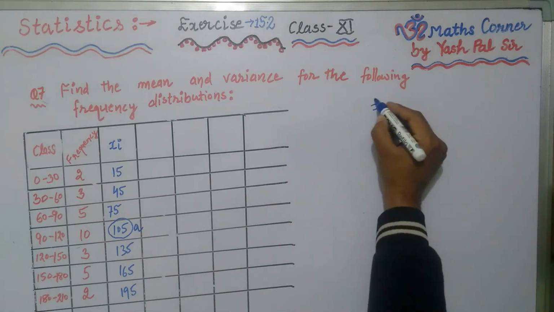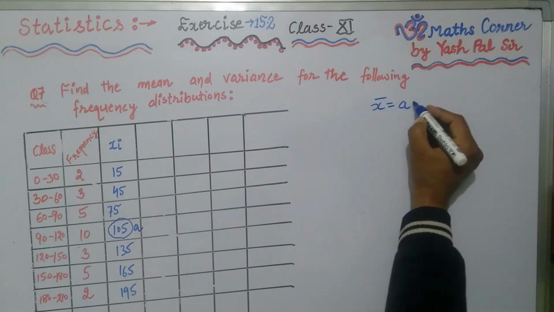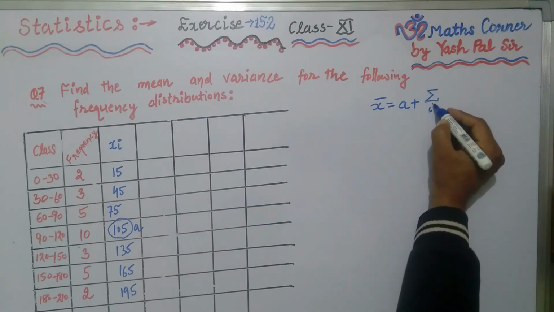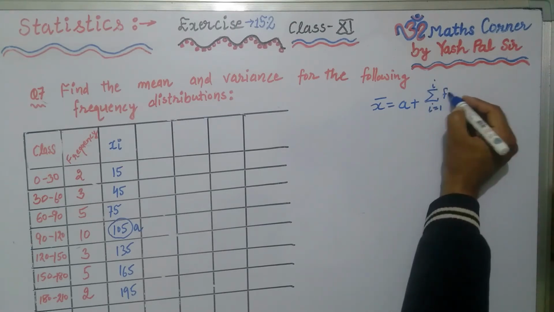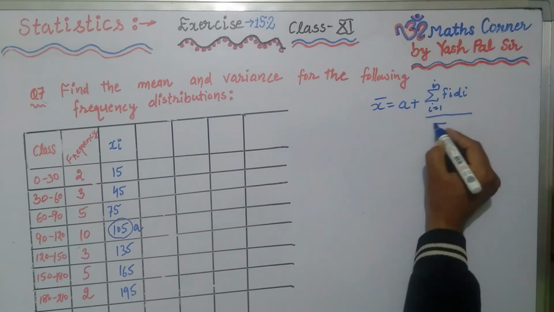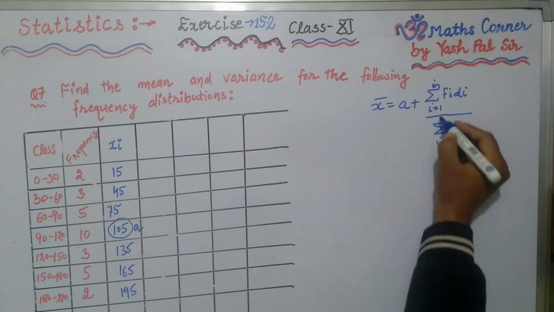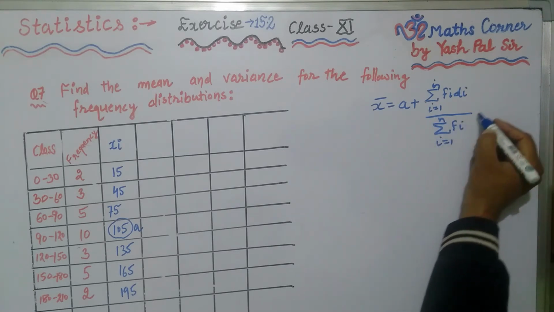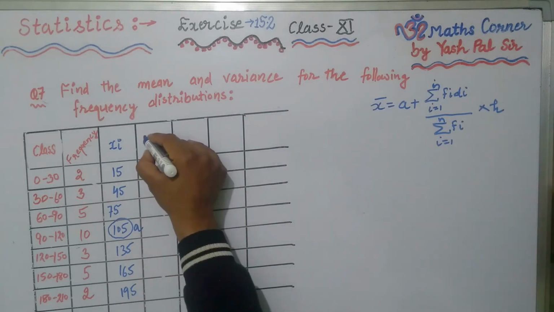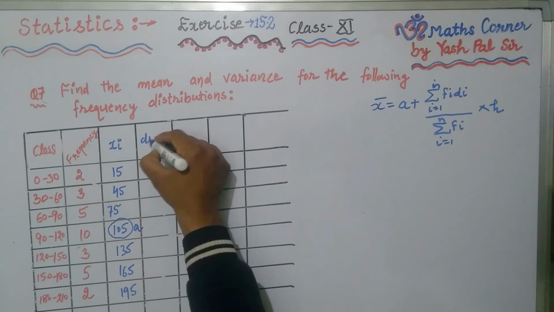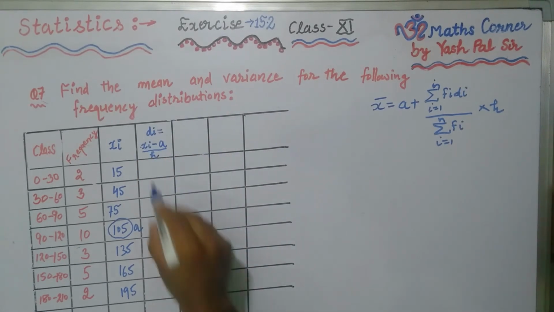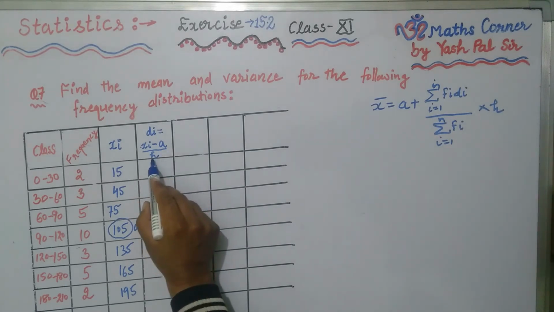So what is the next purpose? X bar is equal to assumed mean plus, we write here summation fi into di, whole divided by summation i equal to 1 to n fi into h. Okay, so we are interested to find di. What is di? The value di is equal to xi minus assumed mean, divided by h.